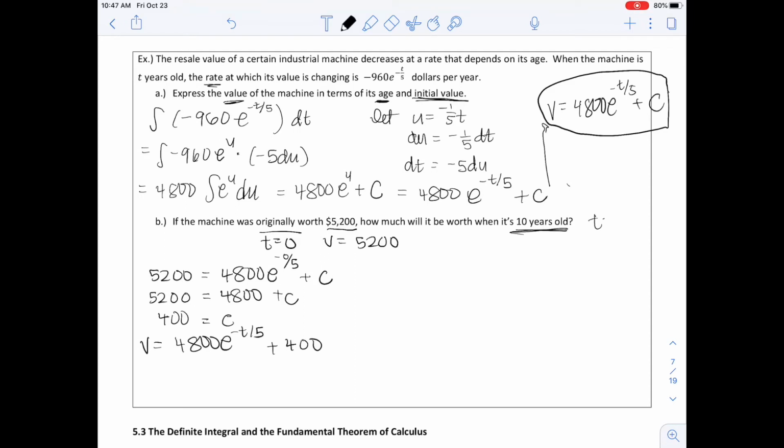That means t is equal to 10, and we are measuring t in years as stated above. Substituting in 10, I have 4,800 e to the negative 10 divided by 5 plus 400, and you can rewrite that as negative 2. Substituting this in on your calculator, 4,800 e to the negative 2 plus 400 works out to be, rounding to 2 decimal places since we are dealing with money, $1,049.61.